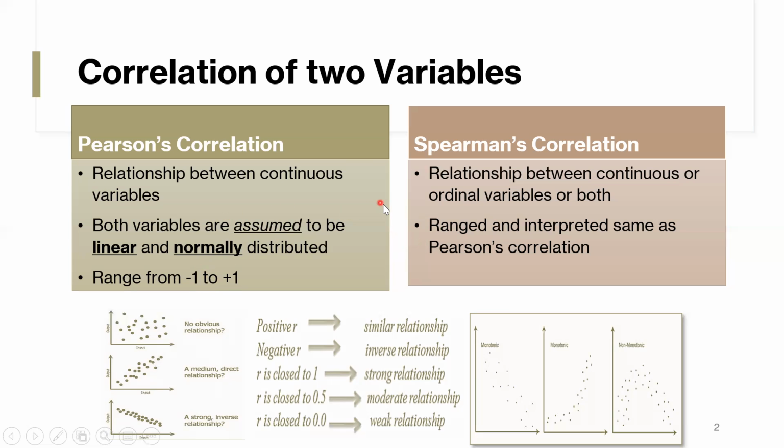Both correlation coefficients range from -1 to +1, where the positive sign indicates, for example, if we get a value of 0.89, 0.7, whatever, we will say there is a similar relationship between two variables. Like with the increase of the age, the BMI also increases.